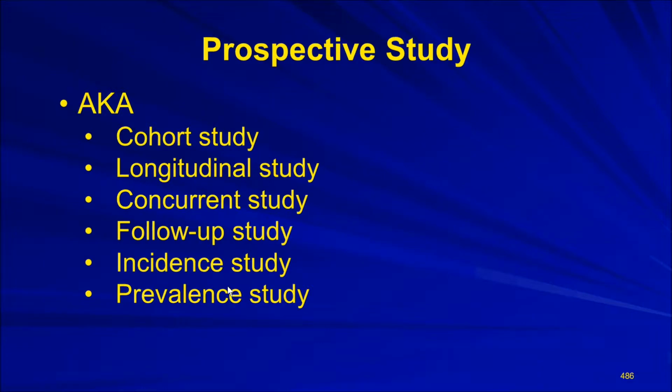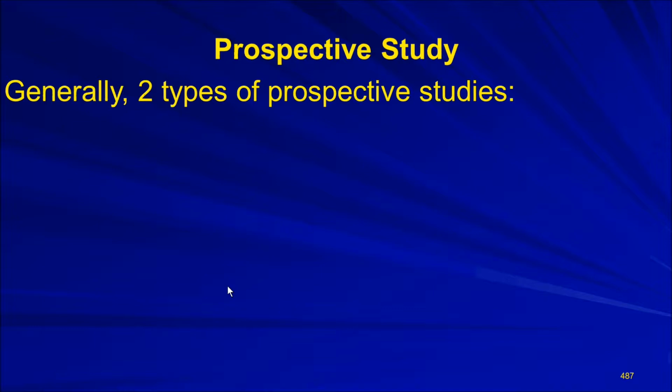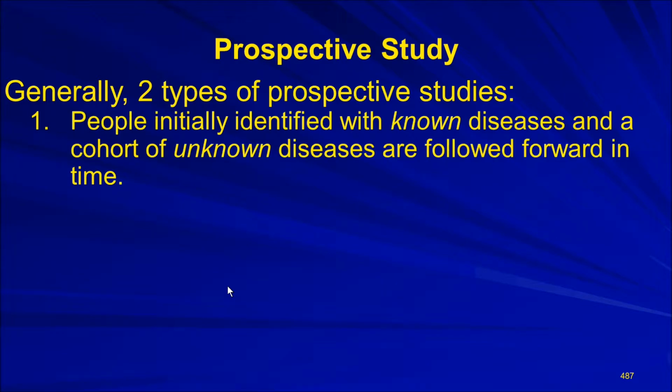Okay, now here's the prospective study, and it mentions that generally there are two types of prospective studies. The first: people initially identified with a known disease and a cohort of unknown diseases are followed forward in time. Okay, so let's just look at this together. Let's take an example. So I have a group of diabetics, and I have a group that does not have diabetes.